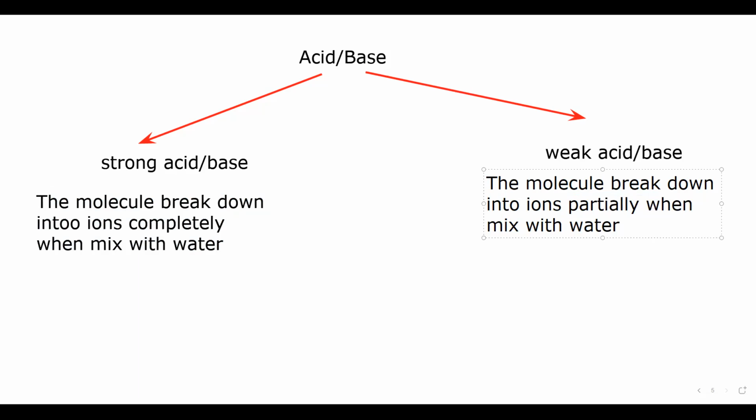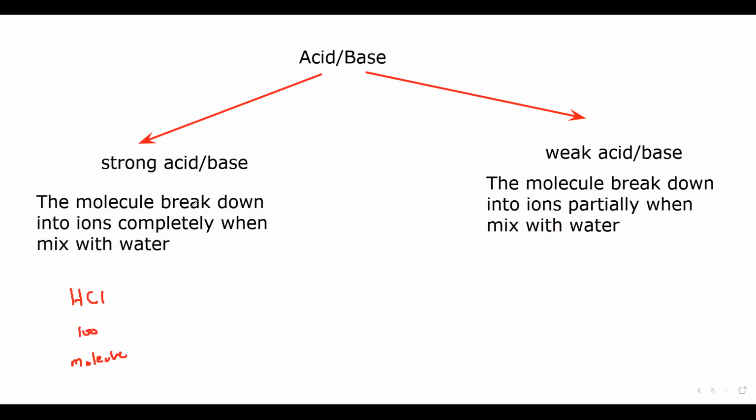when mixed with water. So for example, we have an acid, say HCl, and we have 100 molecules of HCl in the beginning. And we take a container and fill this container with water.